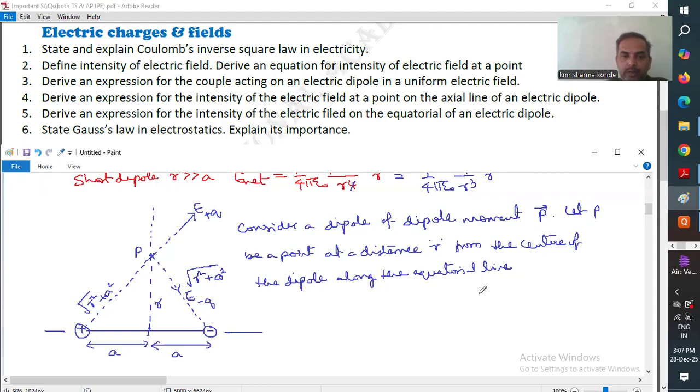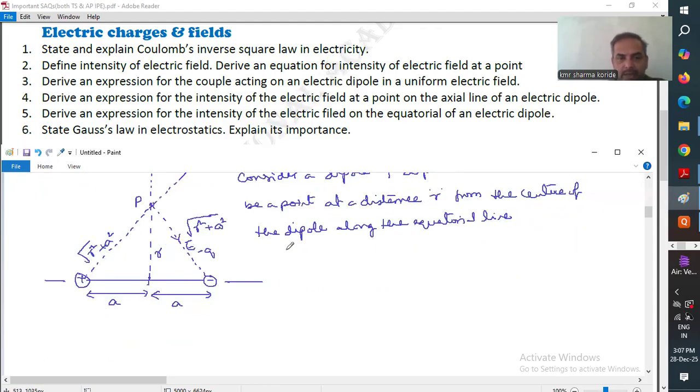Now, so there are two things here. First, let us write intensity of electric field. Remember basic equation of intensity of electric field. So this is the final answer for question number 2, Q by R square.